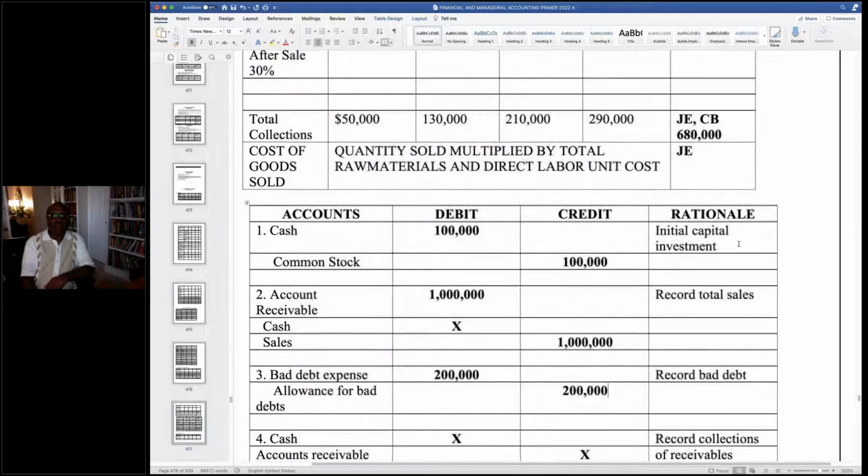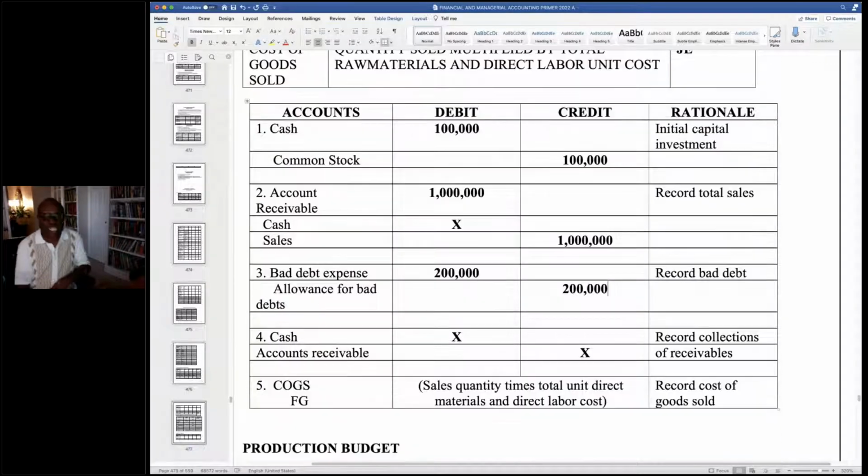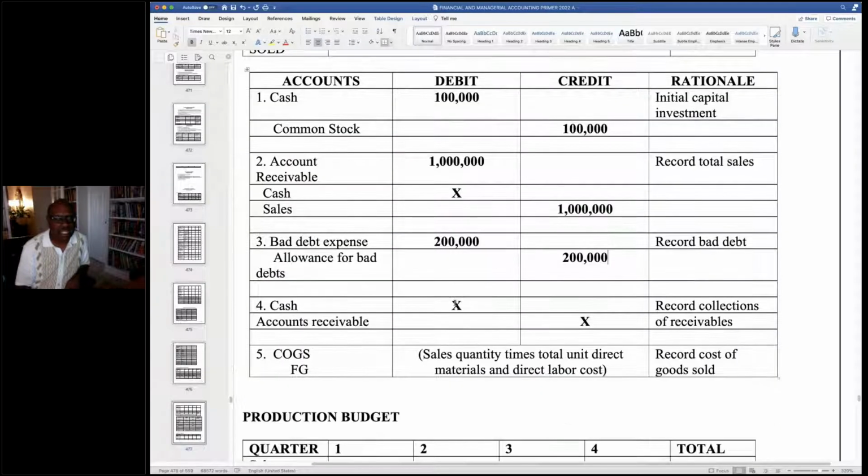Was it 680,000? 680,000. So we debit cash for 680. And we credit these collections. So having made journal entries, this is why I always had these problems for you all to work with. You're going to post these to the ledger and do a trial balance.